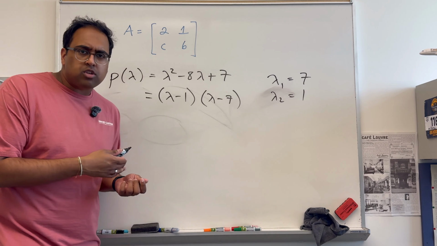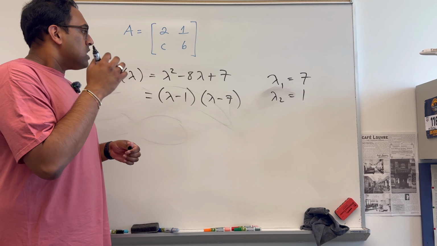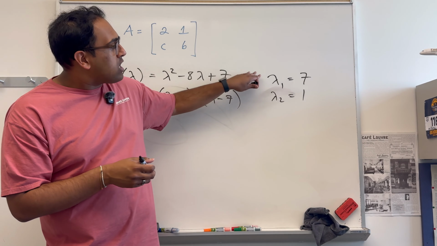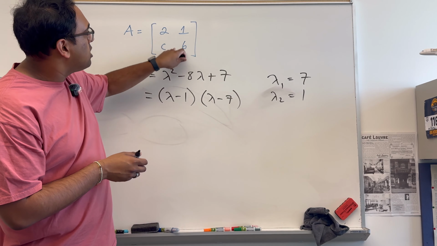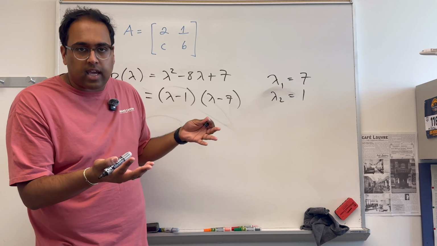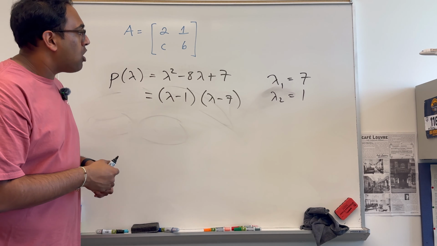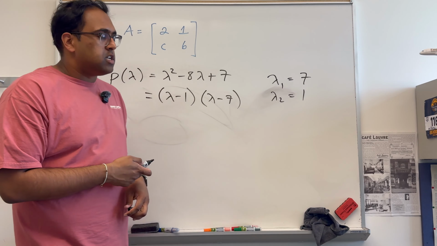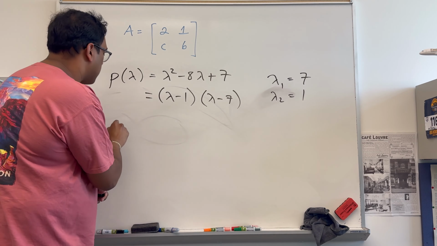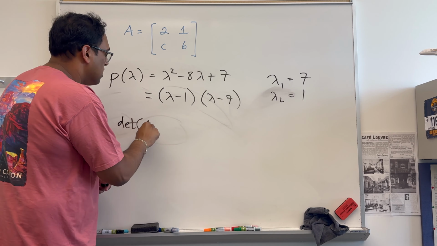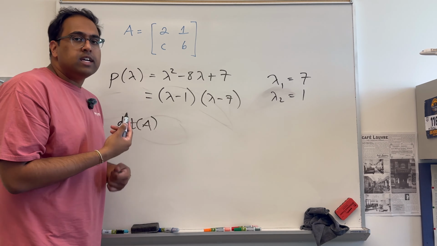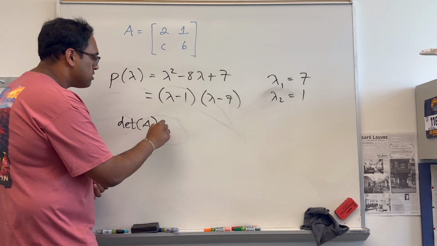Well, let's think about the two rules I just mentioned before. The two rules were that the eigenvalues must sum to the trace. Here the trace is 8, and 7 plus 1 is 8, and so that's good. But they also must multiply to the determinant. Now the determinant of this matrix, when we don't know the value of C, is an expression involving C. So we can solve for that here.